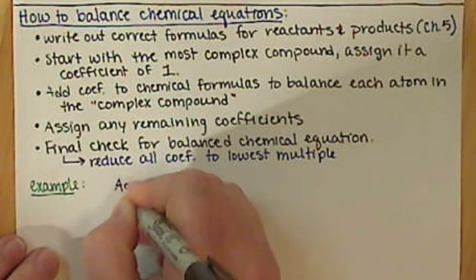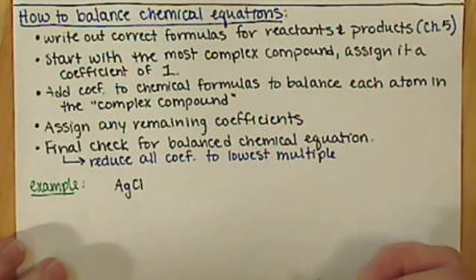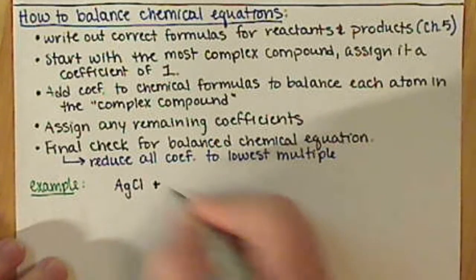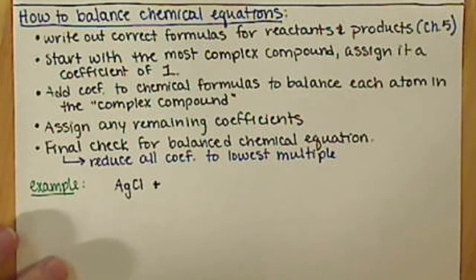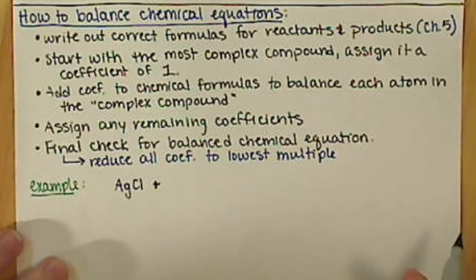So let's look at AgCl. Okay. Also, it's a good practice to name all of the compounds that you are working with. So this is silver chloride. I would also accept silver 1 chloride. Silver was one of the exceptions to the transition metals, but I don't require you guys to know that.